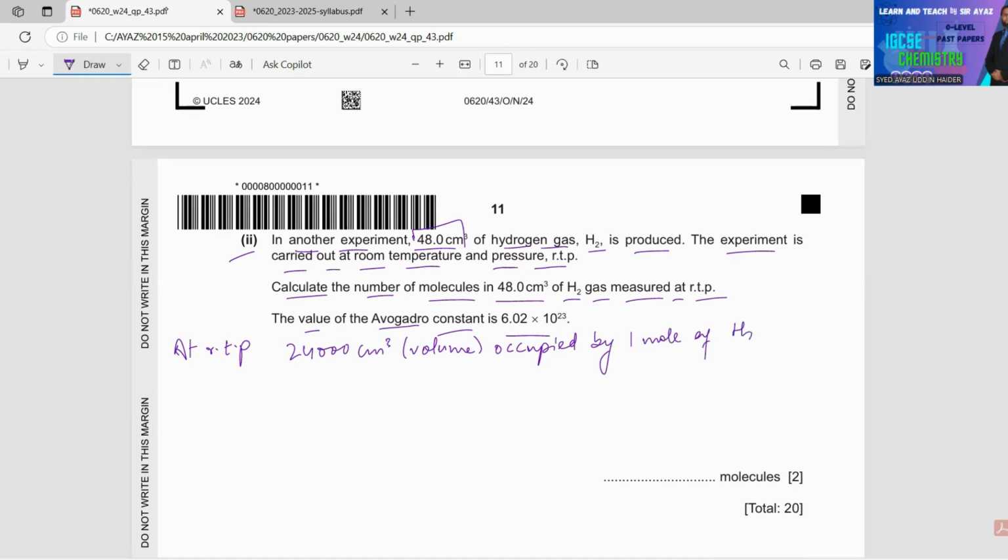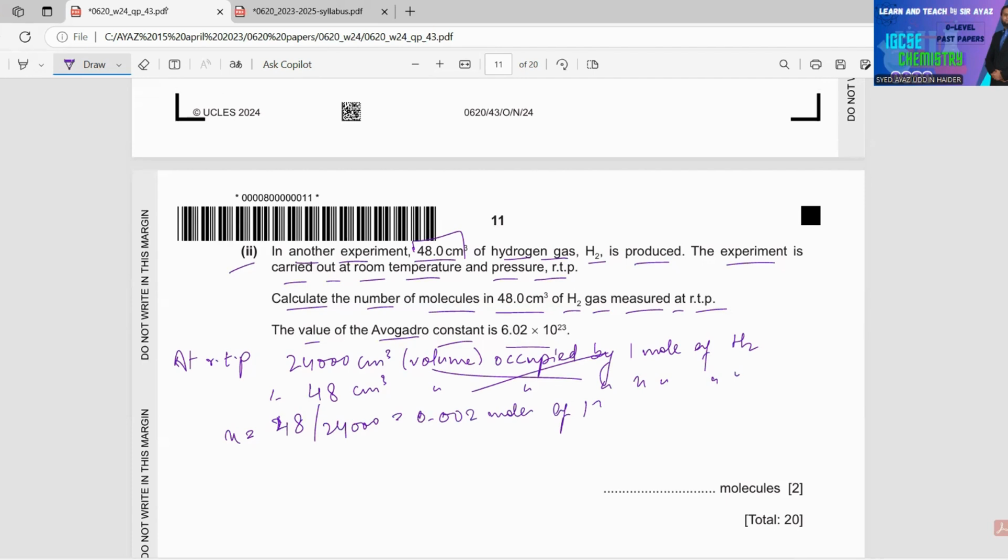So here we have H2 gas. Therefore, 48 cm³ is again the volume occupied by X moles of H2. Do the cross multiplication. X equals 48 divided by 24,000. So the moles will be 0.002 moles of H2.